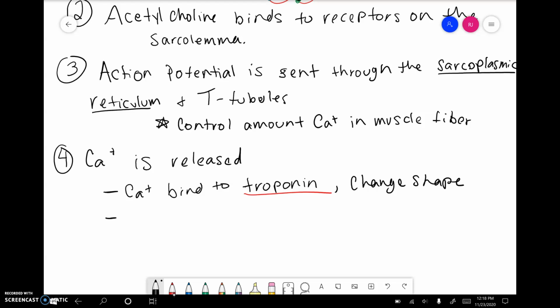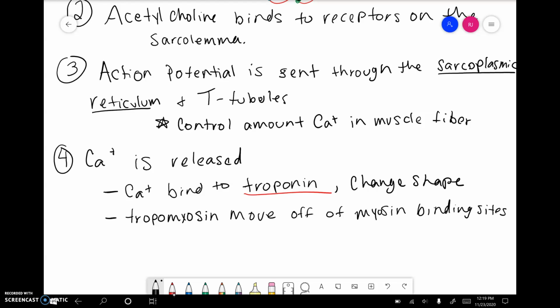That's going to cause something called tropomyosin, which is covering binding sites on actin, to move off of these myosin binding sites on the actin.